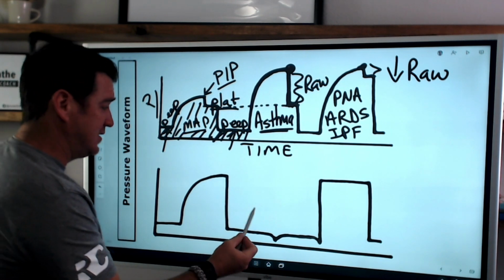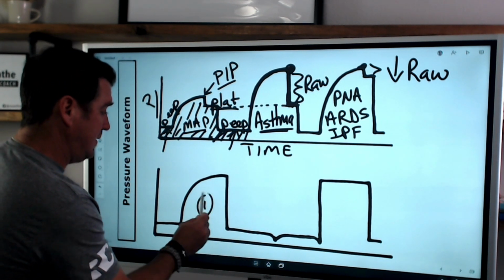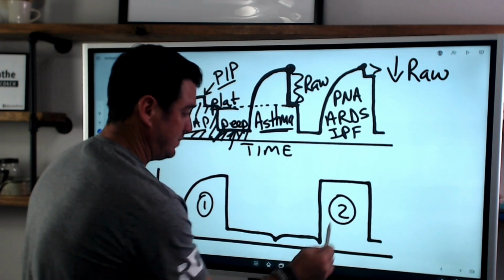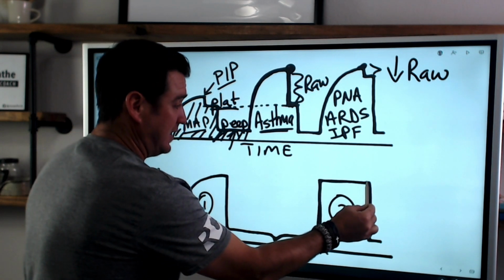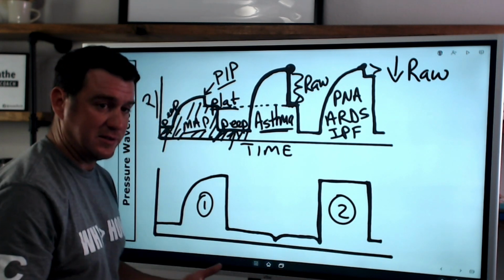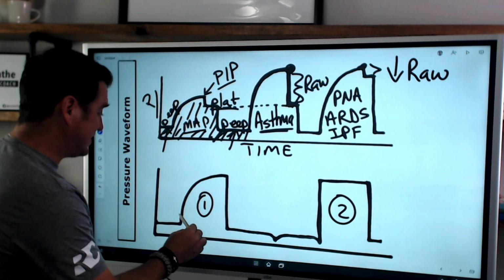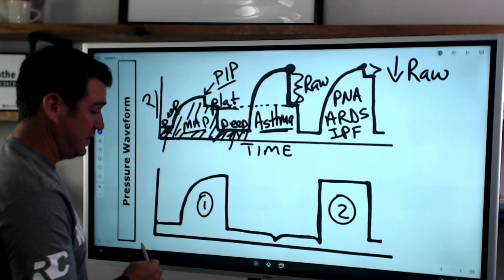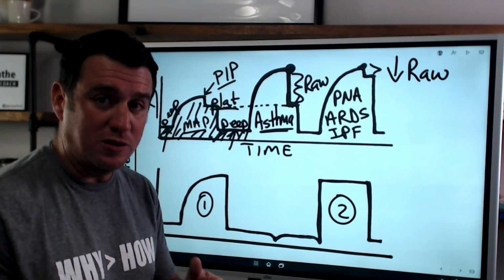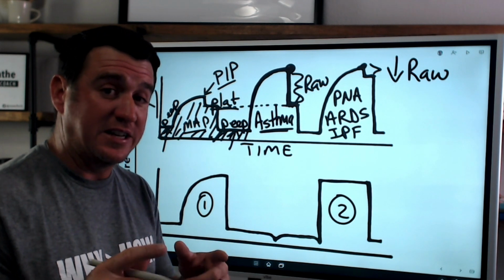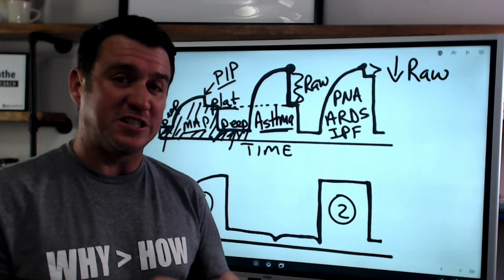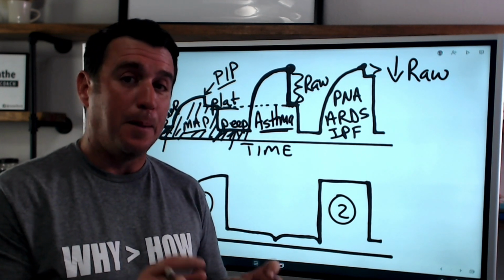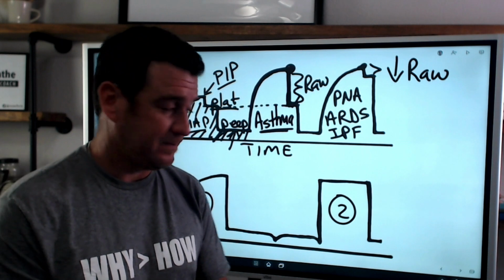Now, you'll notice that there is a difference between 1 and 2. 2 is obviously very square in appearance. 1 has a slow rise to it. This is because when you look at your pressure waveform, you can distinguish between volume control breaths versus pressure control breaths because of the shape.